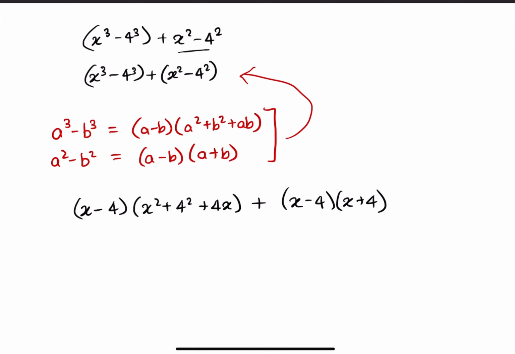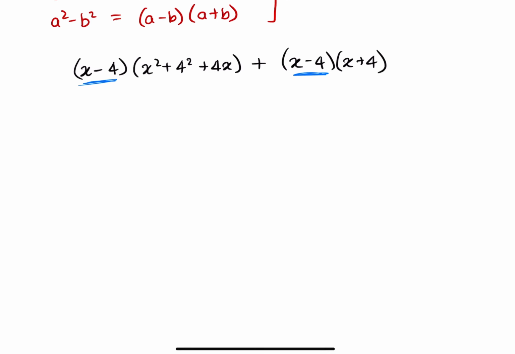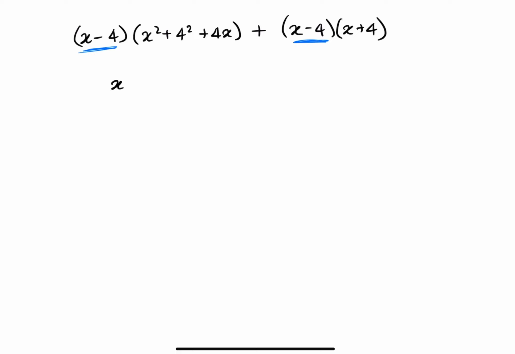Now, if you look closely, these two share a common factor. So if we take x minus 4 as common, we'd have x minus 4 times x squared plus 4 squared plus 4x plus x plus 4.